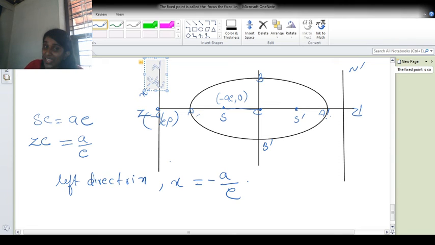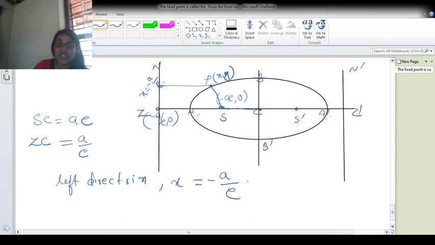So we know the definition of an ellipse. The distance between a point, here I took P, so this distance from the point to the fixed line and from the point to the fixed point, these two have the same ratio. So I took this P as x, y.